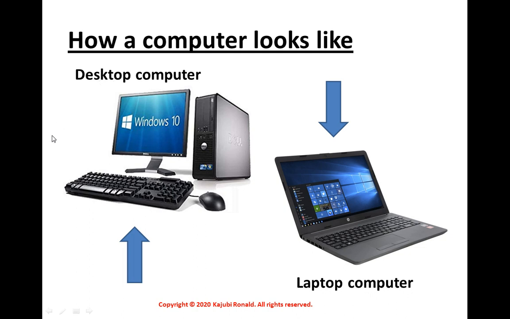So this big computer type is the one we call a desktop computer. So the first type of a computer is called desktop computer, and there is another one called laptop computer. So if I ask you to give types of computers, you can just say desktop computer and laptop computer, right?